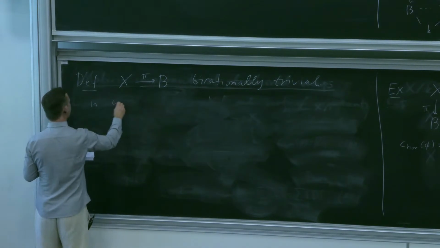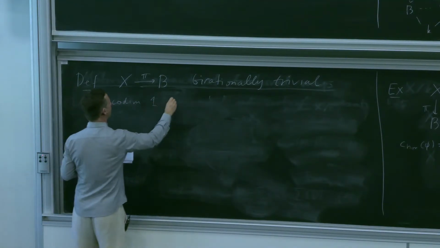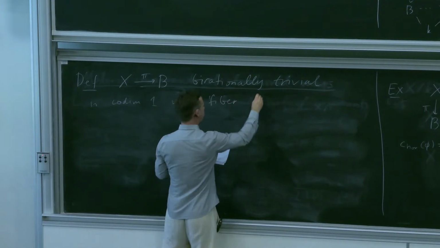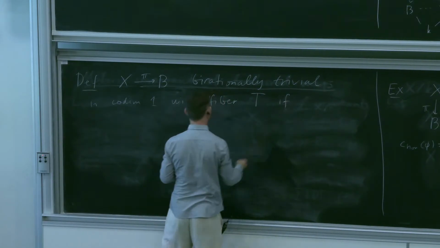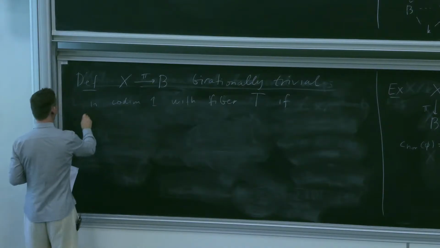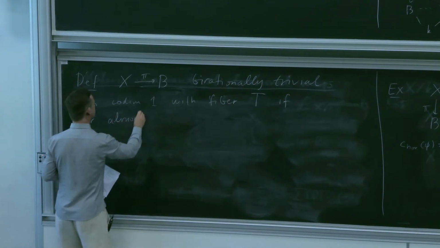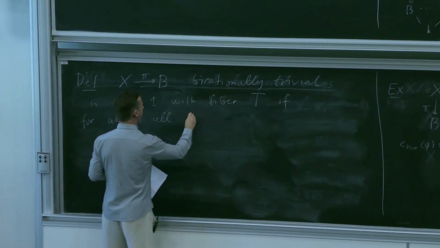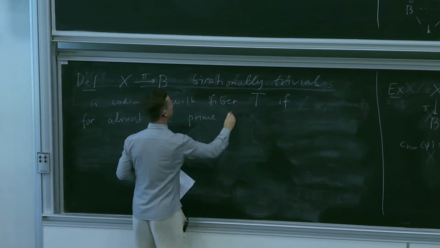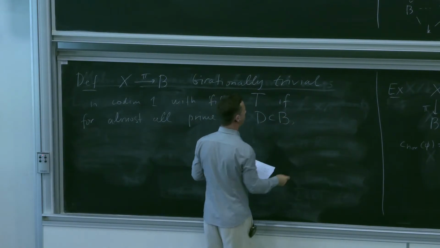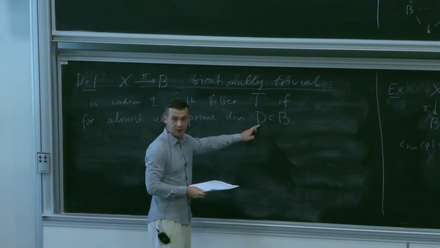In codimension 1 with fiber F, sorry, maybe with fiber T, if for almost all prime divisors P in the base, when we restrict to this divisor, we get something trivial.